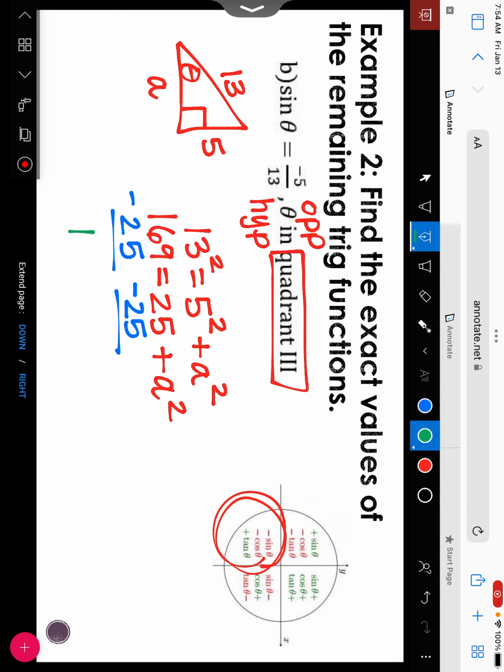And you get 144. So that is a perfect square. Does anybody know the square root of 144 though? 12, good. So we can add that to our triangle now. Now we have all 3 sides.